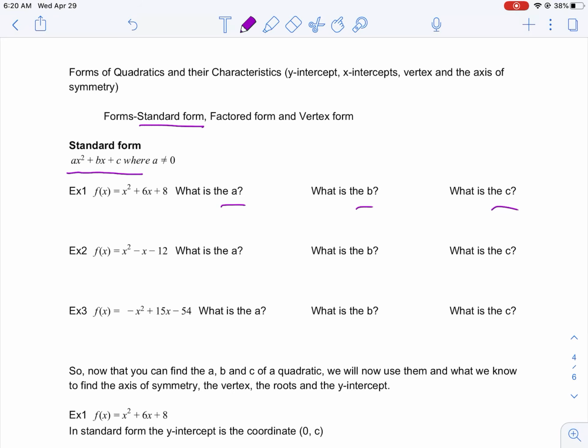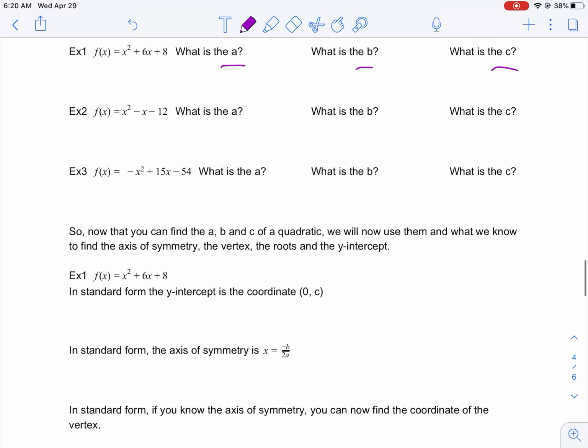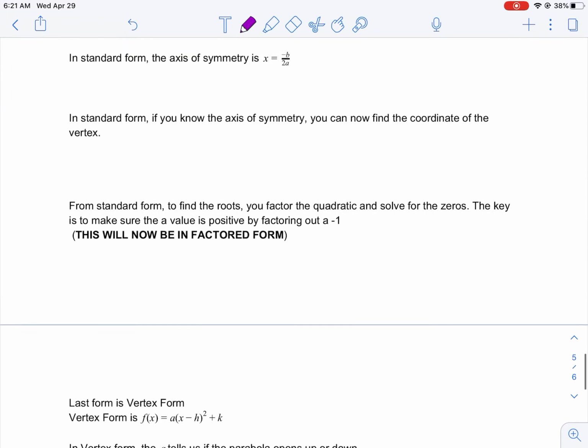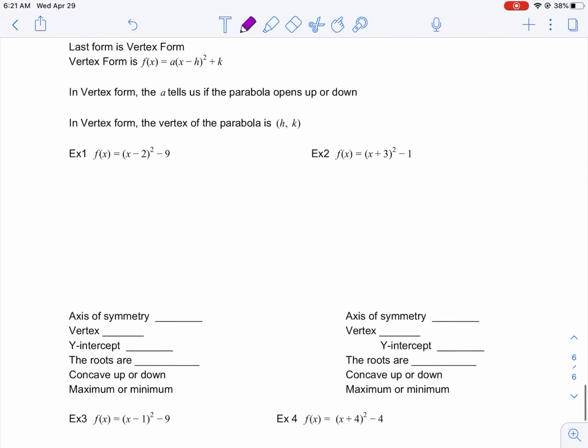Then we used the a and b to help find the axis of symmetry, using x equals negative b over 2a. And then once we knew the axis of symmetry, we were able to find the vertex. So there's a little work involved, obviously, but if you followed along, you did well.